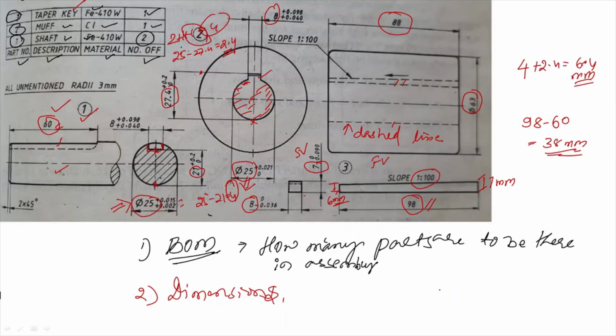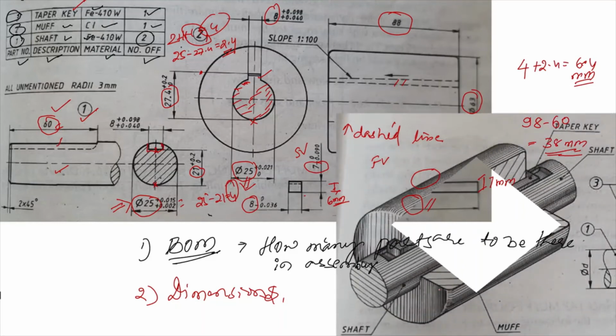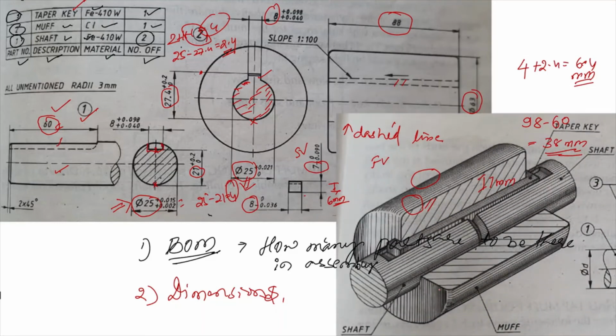Now let us look at how the assembly is done here. This is the isometric view of a muff coupling. Now this is a muff. One shaft is inserted from the right hand side, another shaft is inserted from the left hand side. So this has been connected with the help of a taper key.